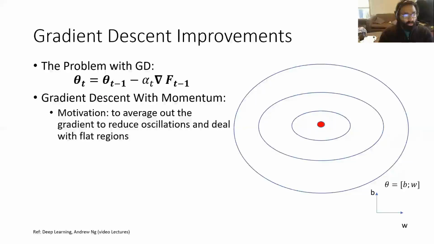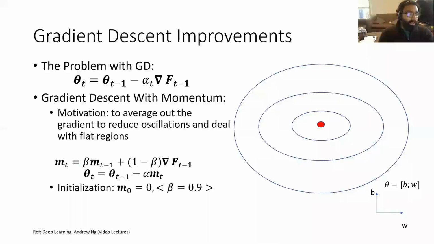Here the motivation is to average out the gradient to reduce the oscillation and deal with flat regions. So this does exactly what it mentions. First, calculate the first moment. This averages out the moment m_t, and this is the formulation of the algorithm.